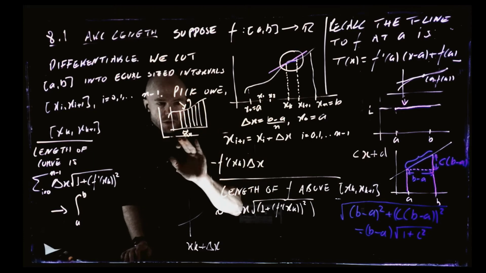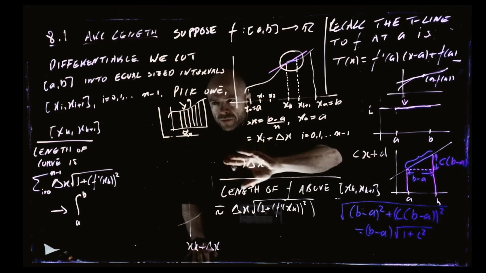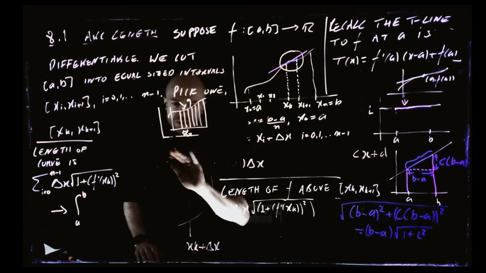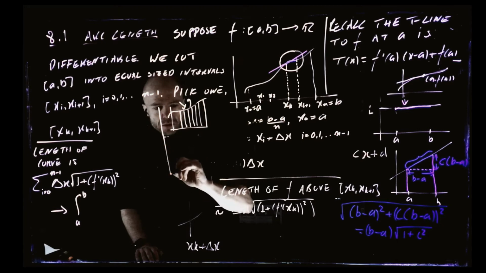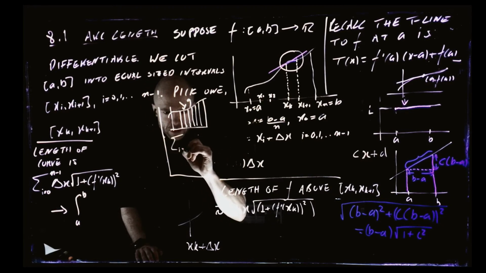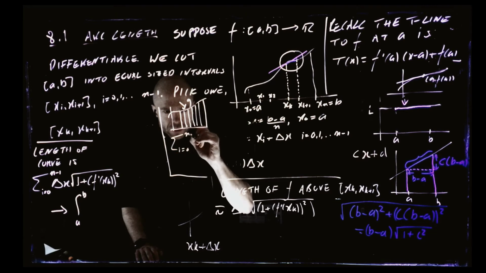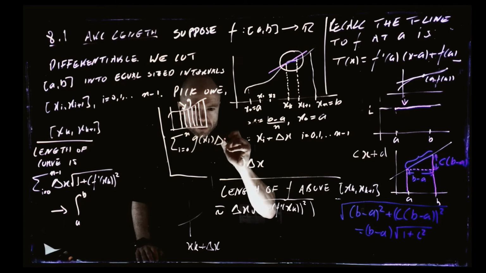So I know this is small, I'm running out of space. So if we had an expression like this, the sum from i equals 0 to n of g of xi delta of x, yeah?